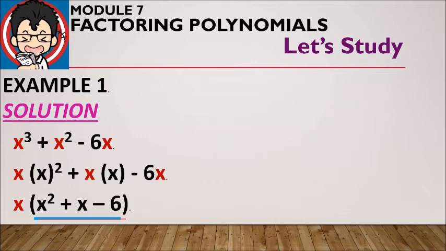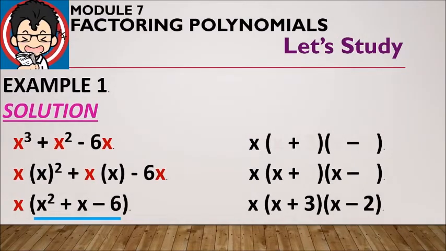Okay? So, paano natin siya i-factor? We can use factoring quadratic trinomial to factor this further. Ayan. So, tulad ng ginawa natin kanina, for x squared plus x minus 6, may nakaabang na akong dalawang binomials. So, kinuha ko yung square root ng x squared. The square root of x squared is x, so dito ko siya nilagay. Alright?